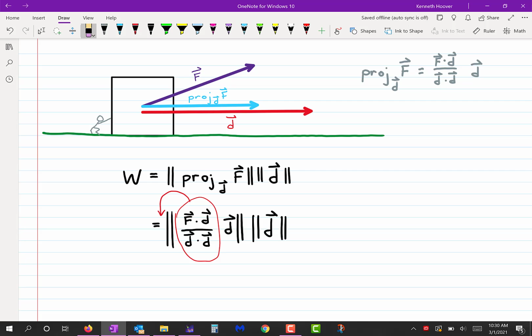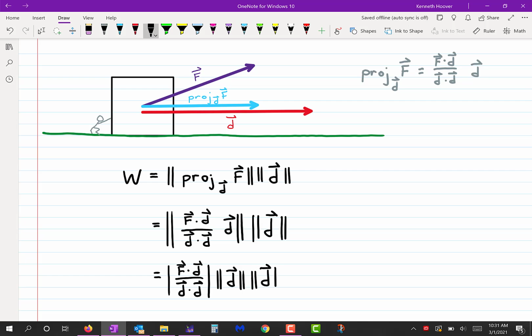And when you factor it out, you get the absolute value of that scalar. Okay, times what would be left inside the magnitude would still be vector D. Can't factor that out because it's a vector. And then we have this other magnitude of vector D. Okay, good.